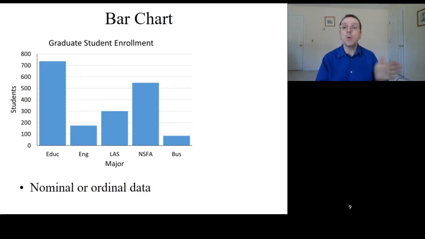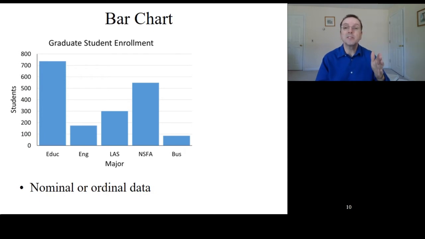On the bottom horizontal axis, we have 5 different majors indicating education, engineering, liberal arts and sciences, natural sciences, forestry and agriculture, and business. On the vertical axis, we have values indicating the number of students in each major.